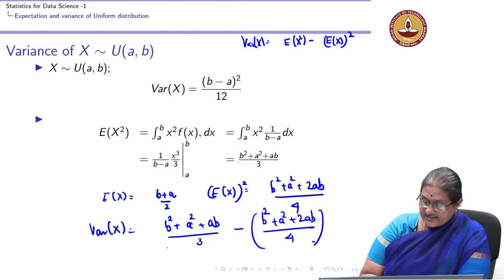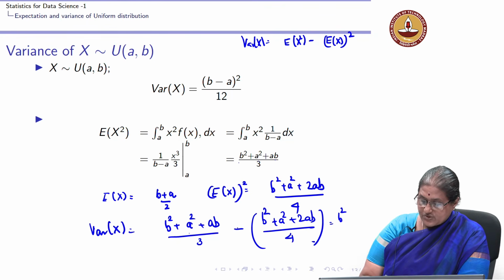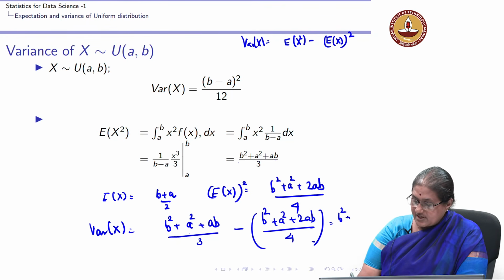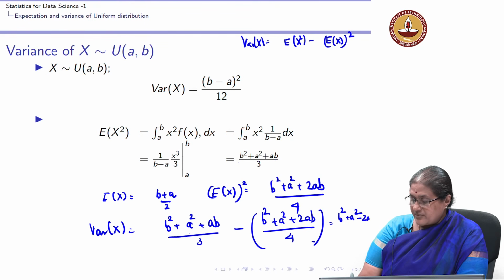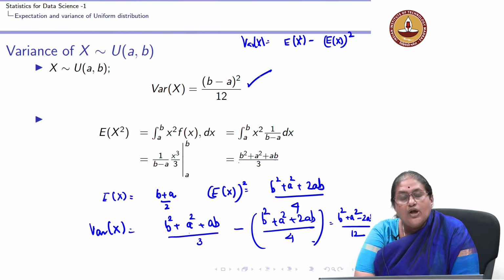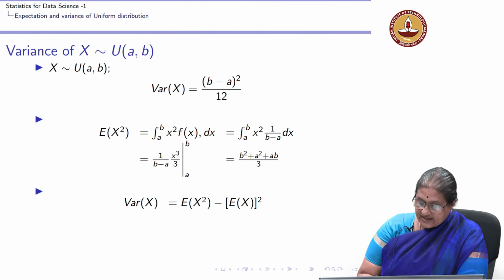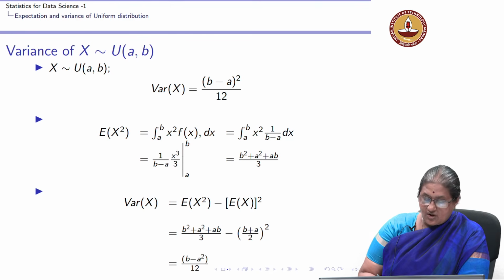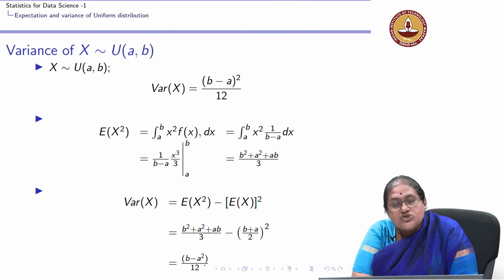Here I get 4b square minus 3b square, which is b square, 4a square minus 3a square, which is a square, and 4ab minus 6ab, which is minus 2ab, over 12, which gives (b minus a) whole square by 12. So, the variance of x is (b minus a) whole square by 12.